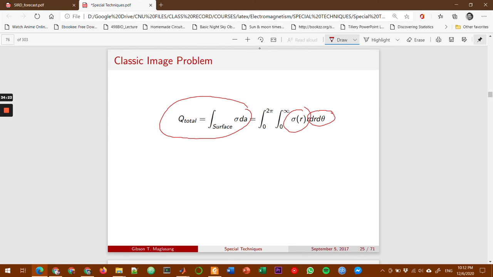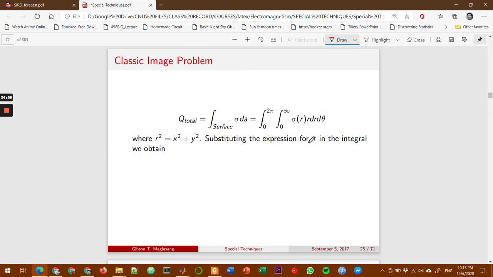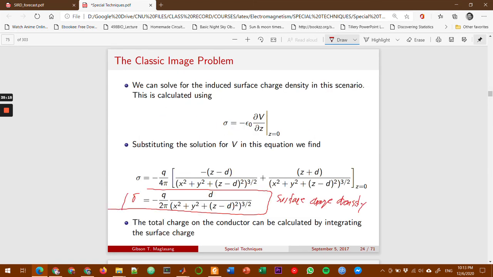Of course r is integrated from 0 to infinity because it is an infinite conducting plane, where r squared equals x squared plus y squared. You just convert the equation from earlier for V and substitute it into sigma. This one is r squared.